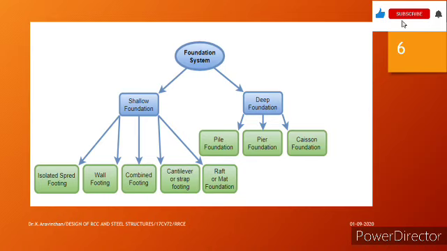I am discussing this here because in this subject you are going to discuss more about the combined footing, the cantilever or strap footing, and finally the raft or mat footing. These are the types of shallow foundation. And deep foundations are pile foundation, pier foundation, and caisson foundation. So these are the 3 types which we use for deep foundation.